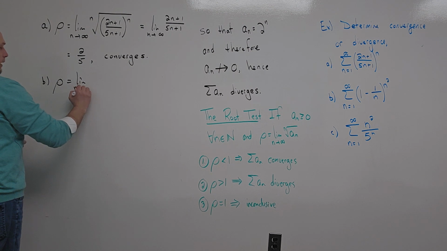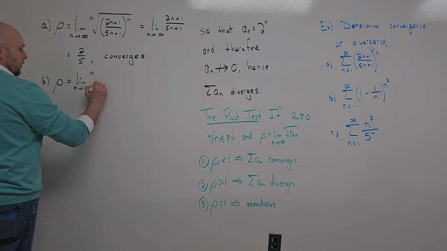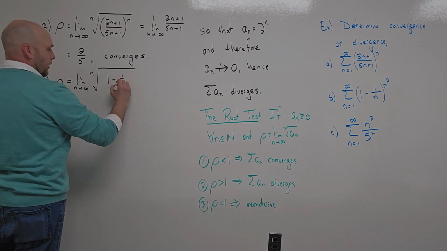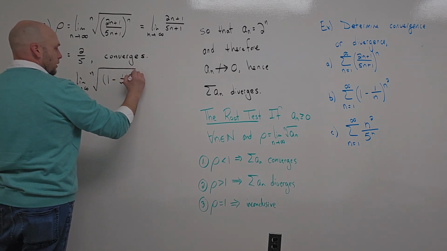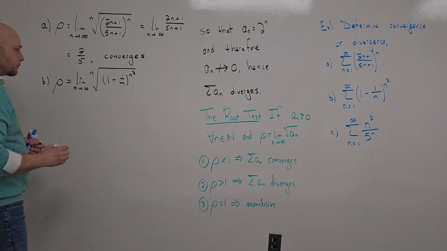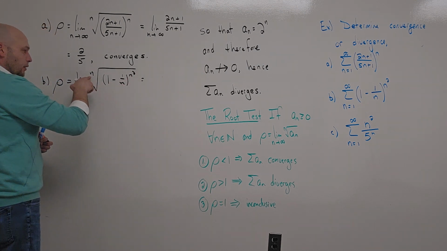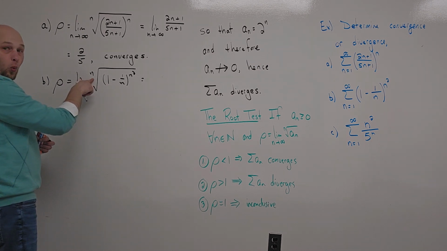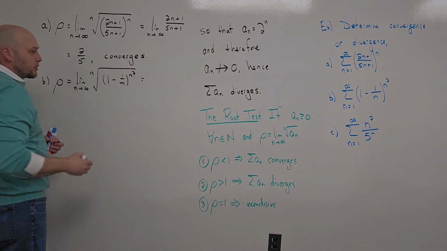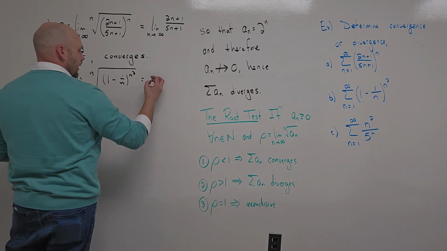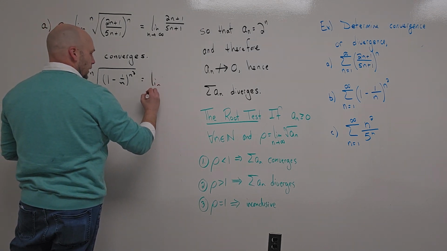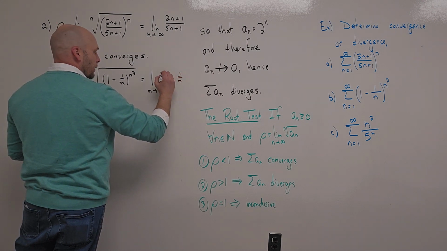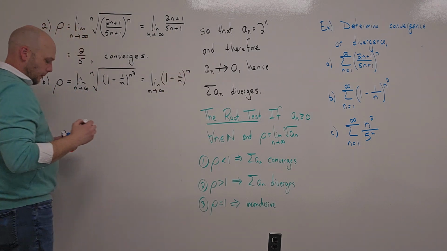Part B. We're going to take the limit at infinity of the nth root of the expression inside the summation, which is (1 minus 1 over n) to the n squared. And when I take the nth root of the n squared power, remember this is the exponent 1 over n, so 1 over n times n squared leaves a factor of n. So this is the limit as n goes to infinity of (1 minus 1 over n) to the n.